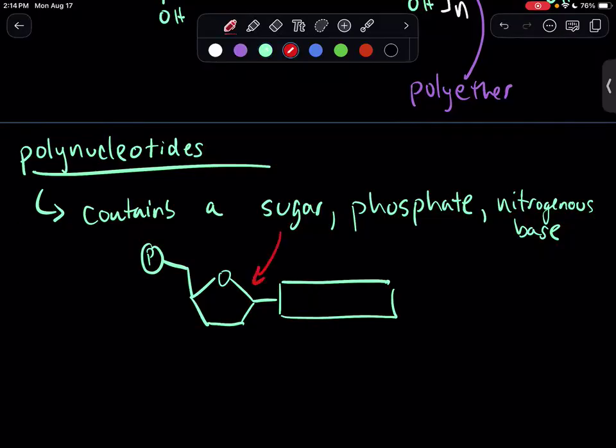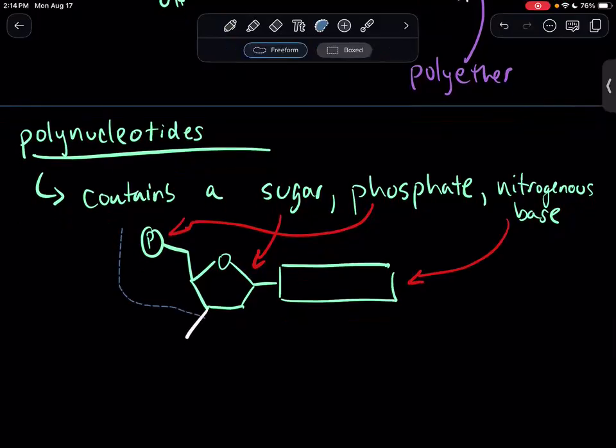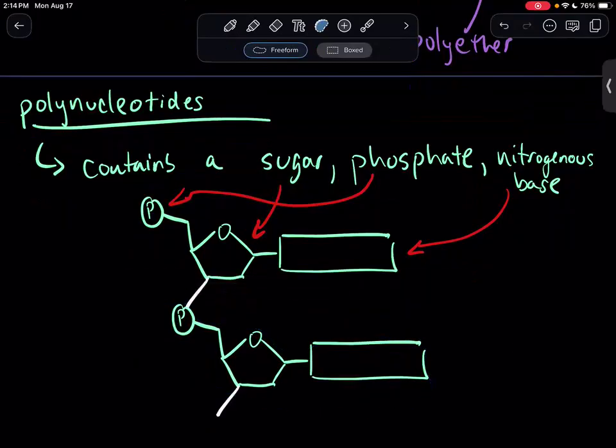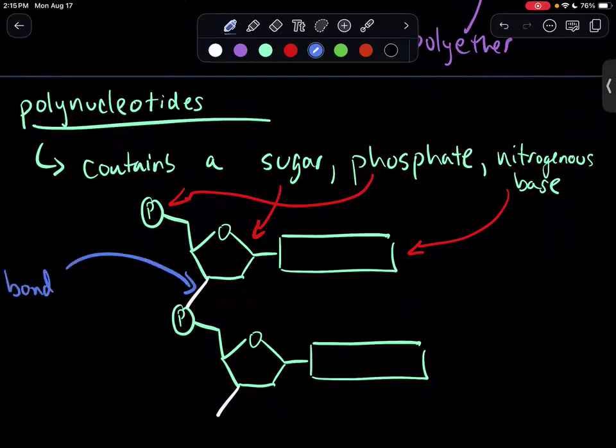So this is the sugar, that's the phosphate, and that's a nitrogenous base. This would be bonded to another molecule exactly the same as it. And once again, I'm just going to cheat a little. And so right here, this is our bond formed via condensation. That's about all you really need to know for the DP curriculum.